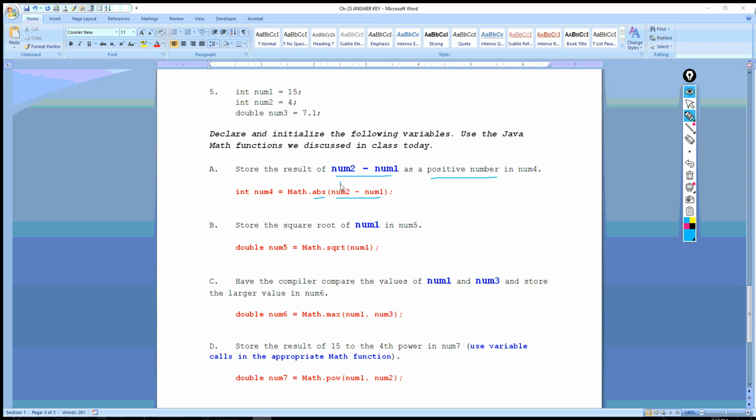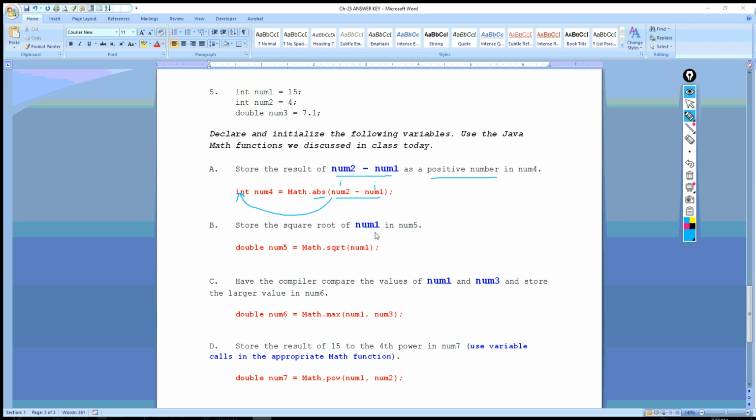This is an int, and this is an int. So the result is going to be an int. So it returns an int. So that's why we call this int for num4. And even though this is a subtraction that results in a negative number, the abs will make it positive.